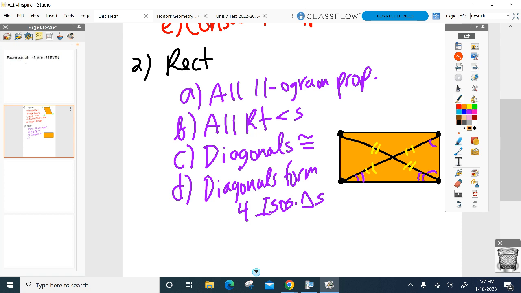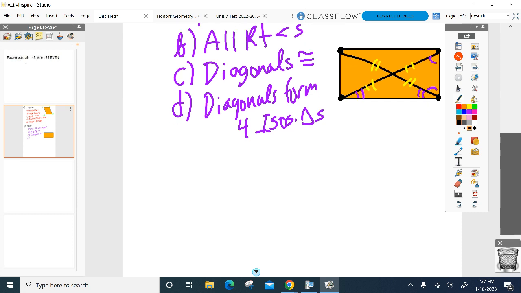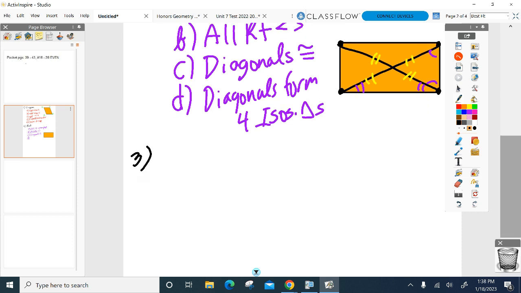What's the other parallelogram? Rhombus, yeah. So here we go. Green, rhombus. How many properties should I have here? Definitely that one.